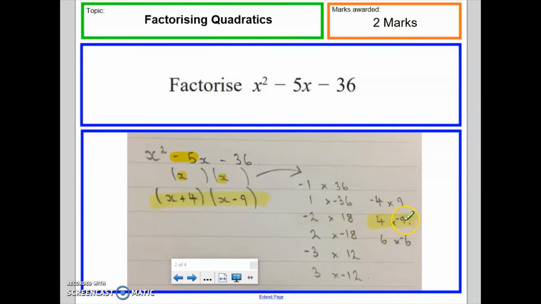So 4 and minus 9 multiply to give me negative 36, but they also add to give me negative 5, and that is why I've included them in my brackets. Very well done if you would have achieved 2 marks on this question.